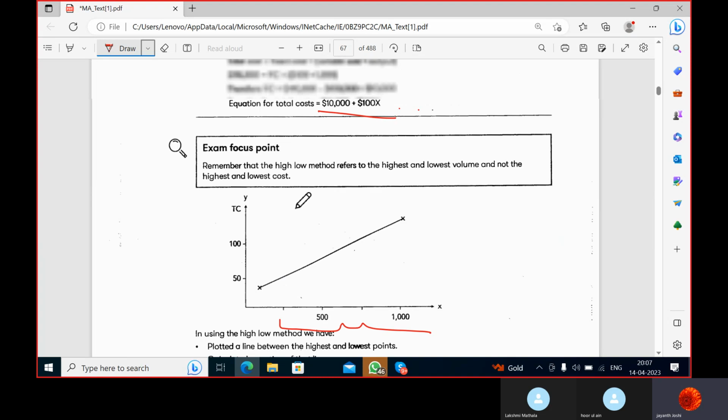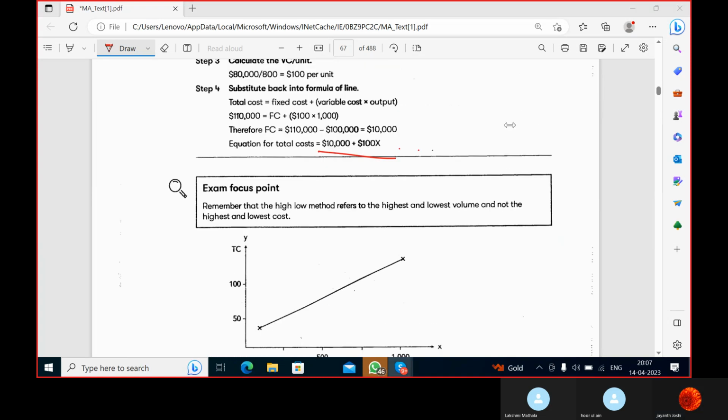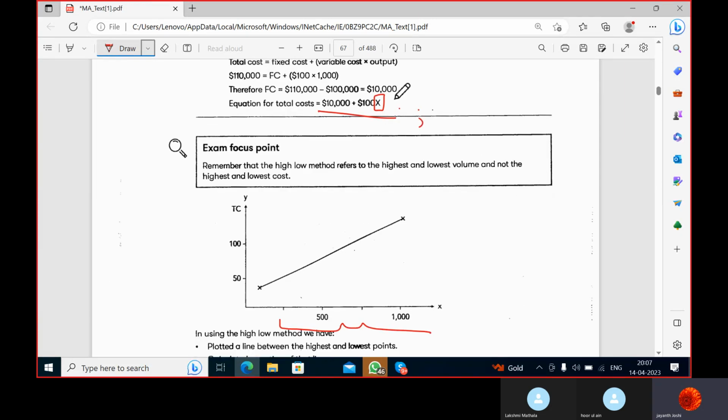That means if you put your output here, that is X, let's say you put your output as 500. So 10,000 plus 500 into 100 comes to what? 50,000. 50,000 plus 10,000 is 60,000.